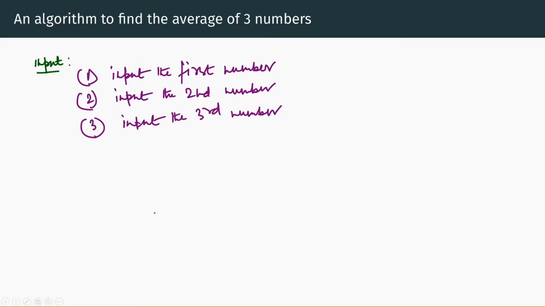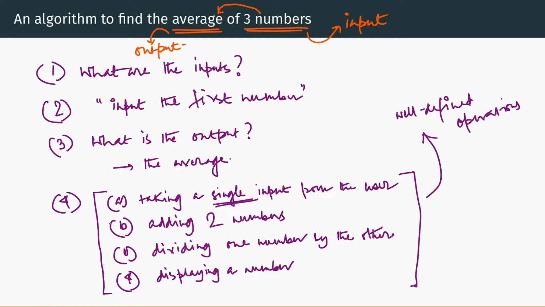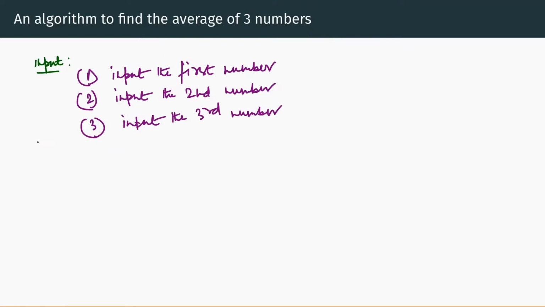Now the next legal operations that we have to use are addition and division, right? Adding two numbers, dividing one number by the other. So the next phase in this algorithm is processing. Step 4 is add the first and second numbers.